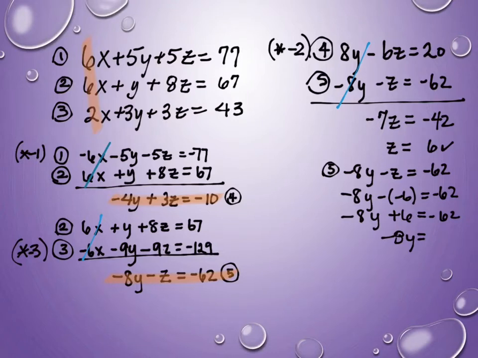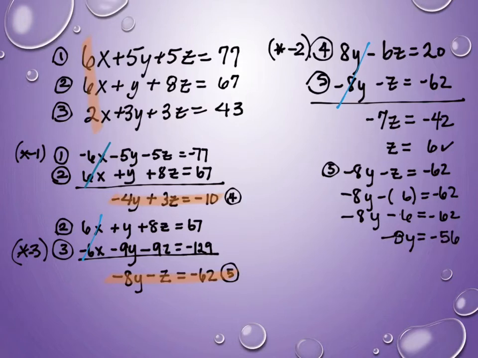So what is 62? Did I get? Oh, it wasn't negative 6. It was positive 6. My bad. That wasn't going to be a nice number at all. Okay, let's fix that. So what happens when I take the negative 62 and I add 6 to it? Negative what? 56. Right, negative 56.